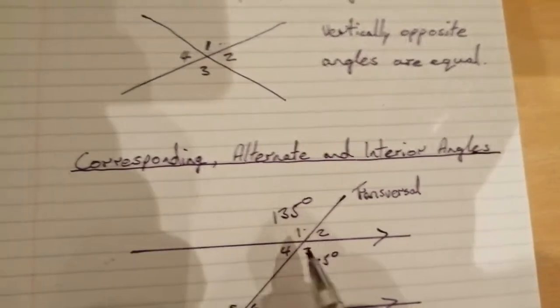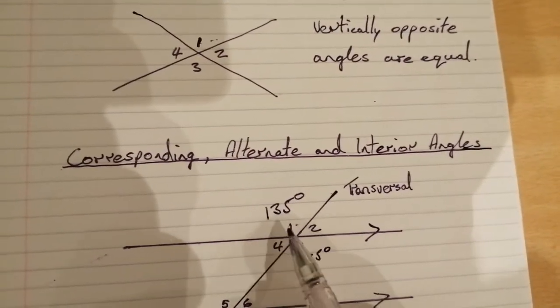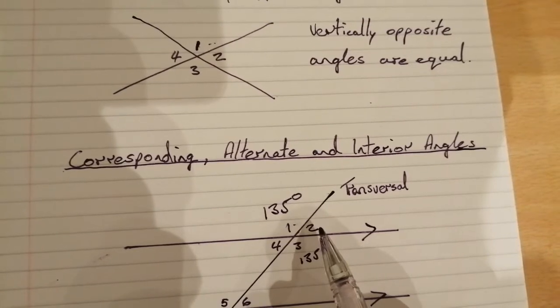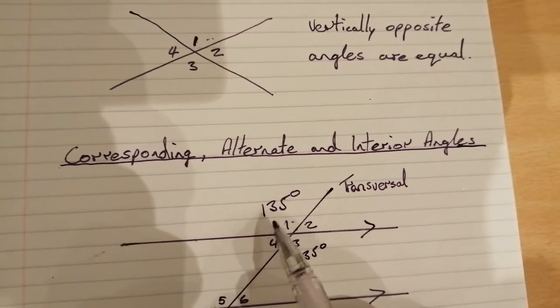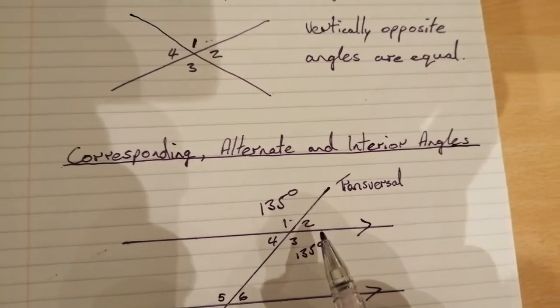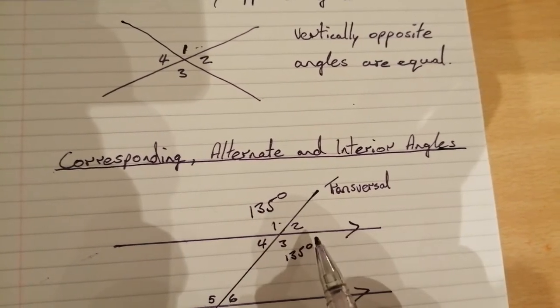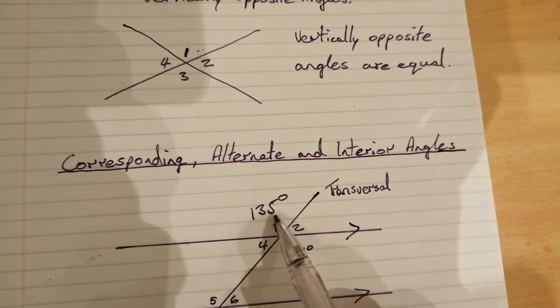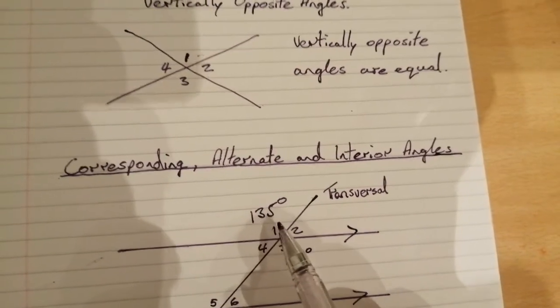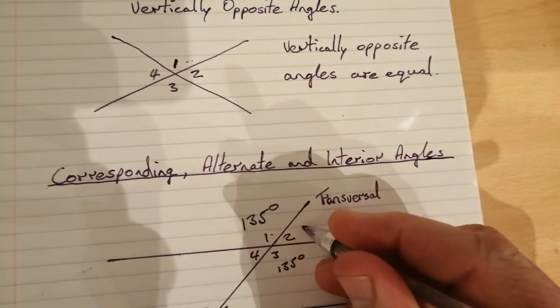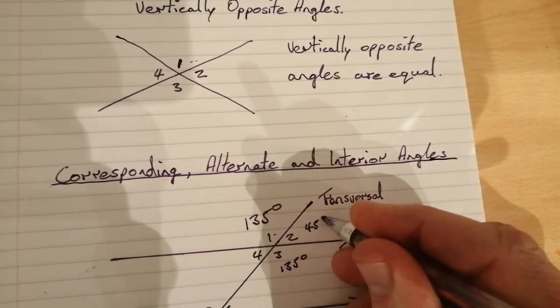But we've already said that 1 and 2 here are supplementary angles, which means when we add them together, they must add up to 180 degrees. Well, if they have to add up to 180 degrees, then if I take 180 and subtract 135 from it, I get 45, don't I? So this must be 45 degrees.